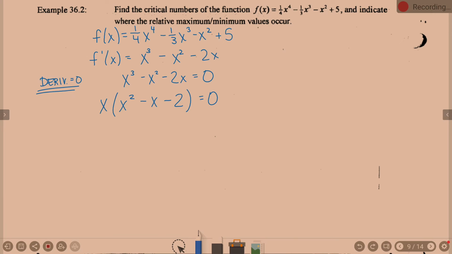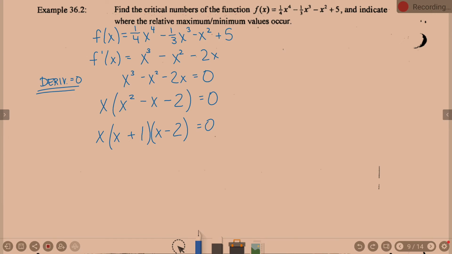Okay, now what? Yeah, keep that x out front, and things are being nice to us. This factors, right? X squared is x and x. I know my numbers are 1 and 2. Positive 1, negative 2. And officially, what do we do now?